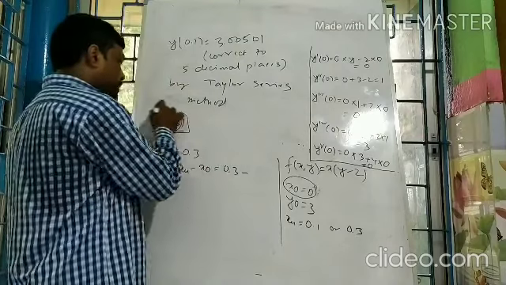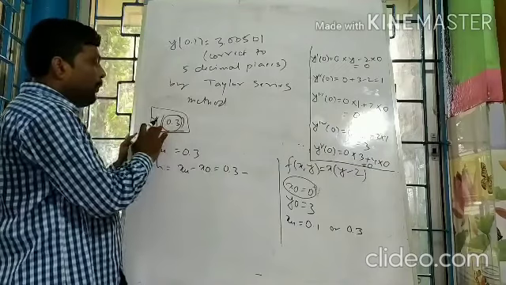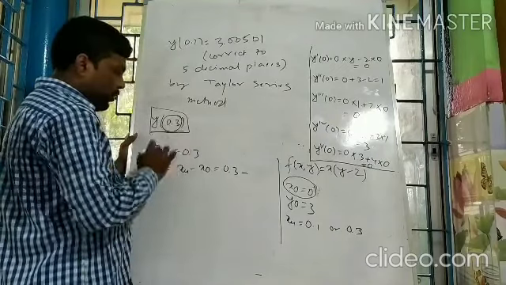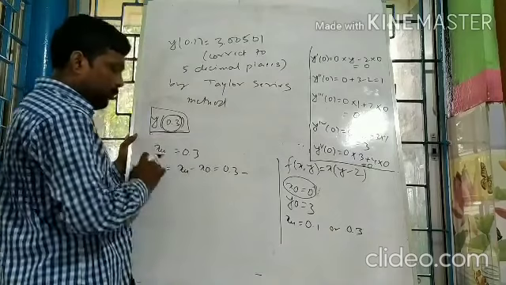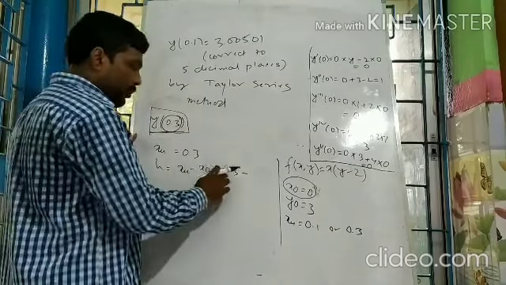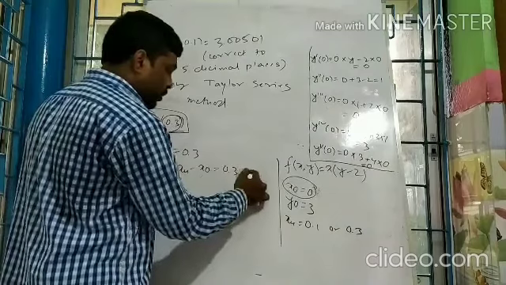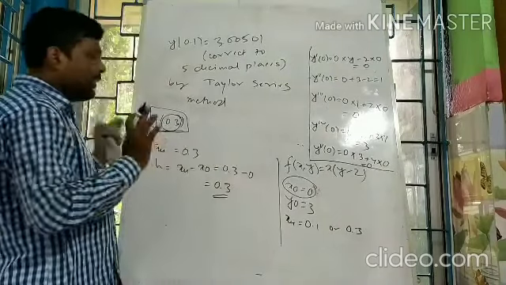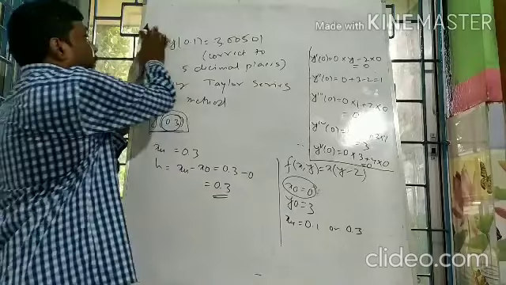For the second part of this question, we have to compute y(0.3), that is xn equals 0.3. So h is xn minus x0, which is 0.3 minus 0. So h is 0.3.